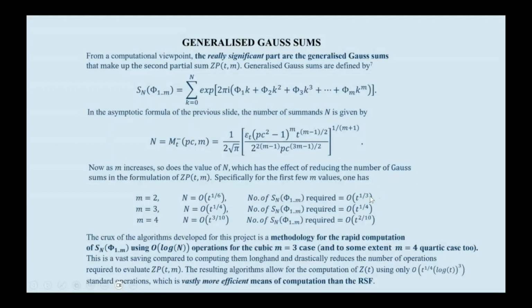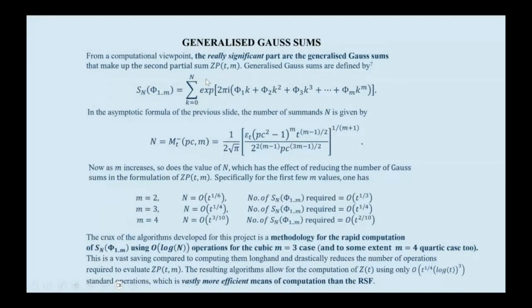So you start with t to the 1/3, then you go down to t to the 1/4, t to the 2/10, etc. So the crux of what I've been able to do, with Ashley's help and with Mario's help, is to come up with a methodology for the rapid computation of these. Now you would think these need n terms to calculate, because there's n cosines and sines to work out.